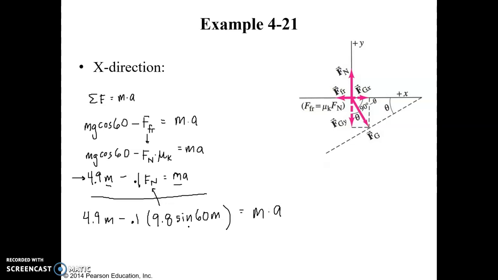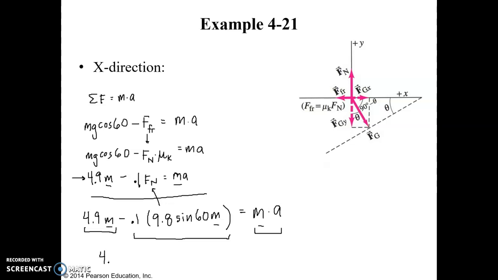But by combining these two equations together in the x and y directions, what we find is we have this term, it's got an m in it. We have this term that's got an m in it. And we have this term that also has an m in it. So what we can do is just divide all of these terms by m and get rid of that term. It just falls right out of the equation.